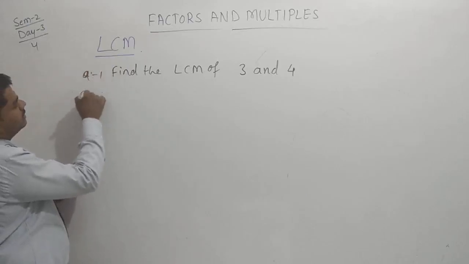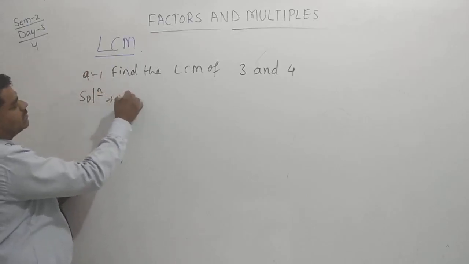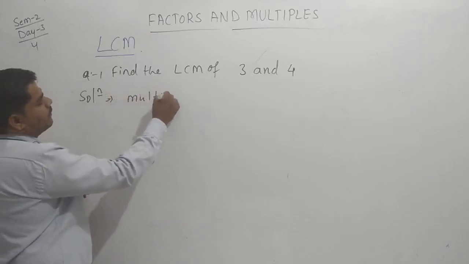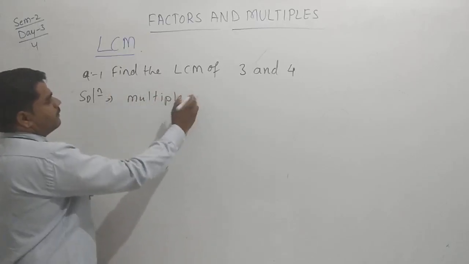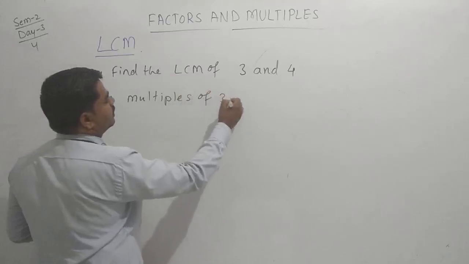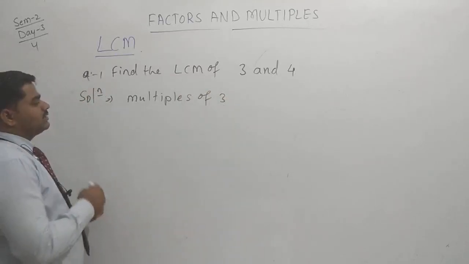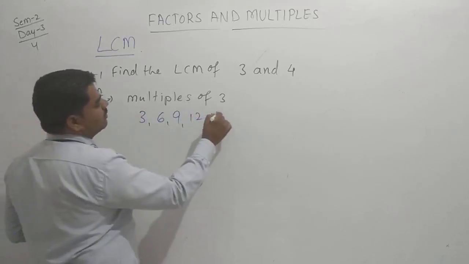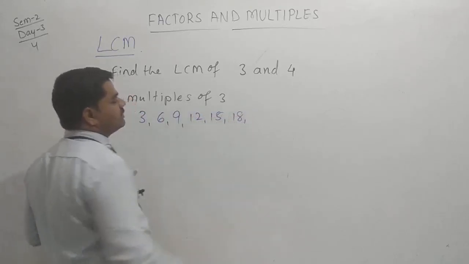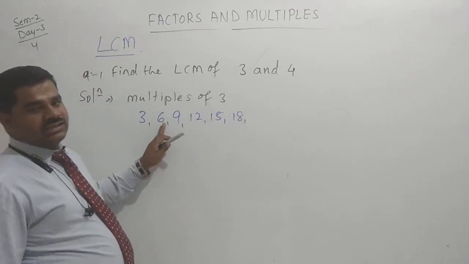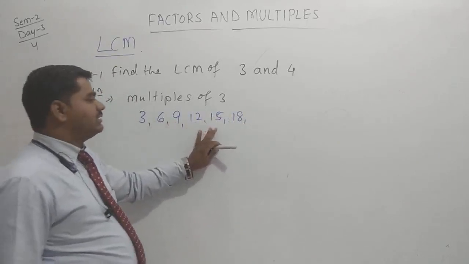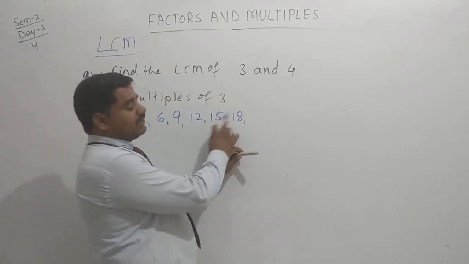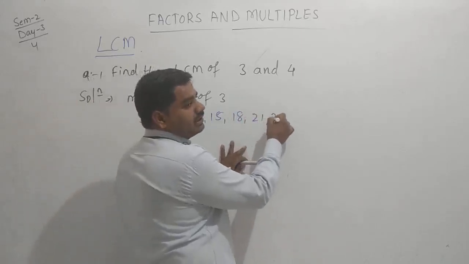Answer, solution. Write the multiples of 3. What are the multiples of 3? We can write 3, 6, 9, 12, 15, 18, 21. 3 ones are 3, 3 twos are 6, 3 threes are 9, 3 fours are 12, 3 fives are 15, 3 sixes are 18, 3 sevens are 21.